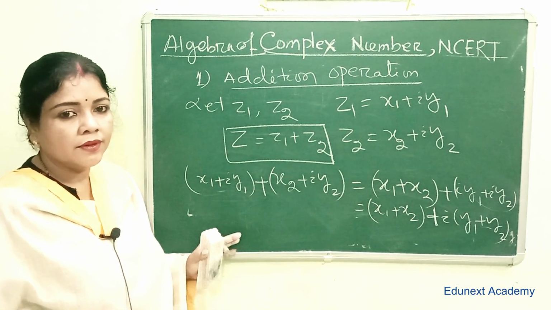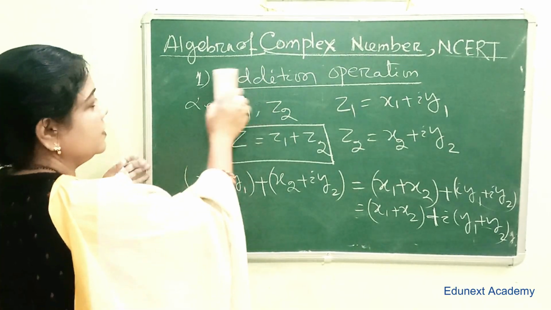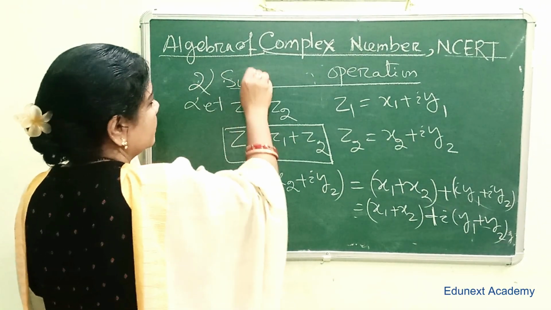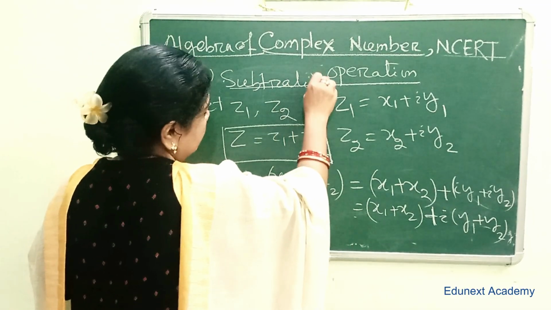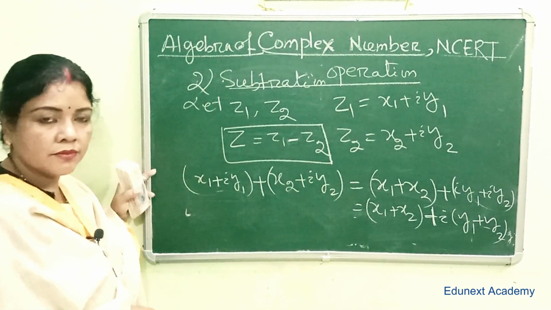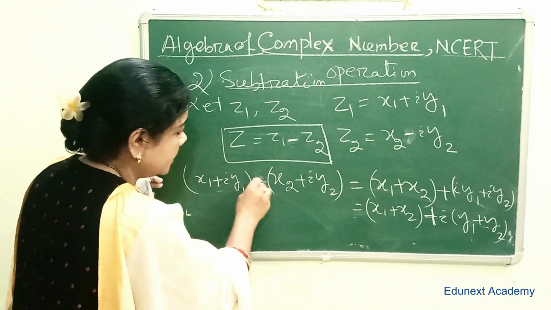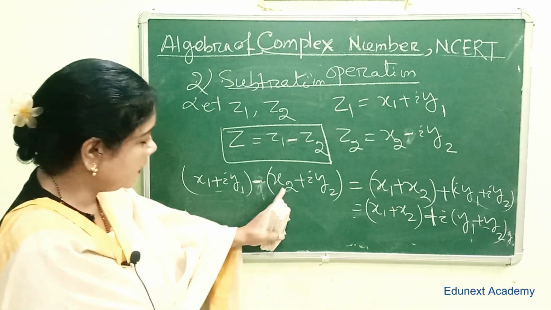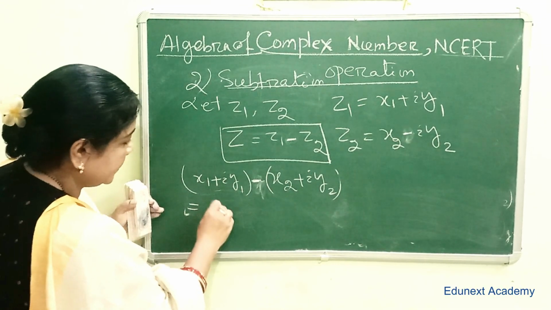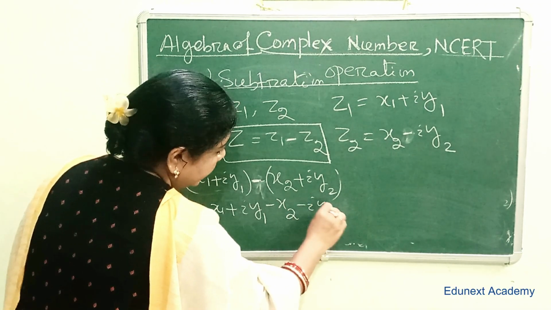Now, subtraction operation. For subtraction, in place of plus, I will write minus, everything else is the same. If you open this minus, it will be x1 plus iy1 minus x2 minus iy2.